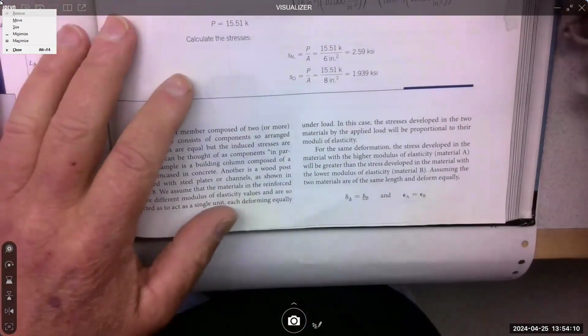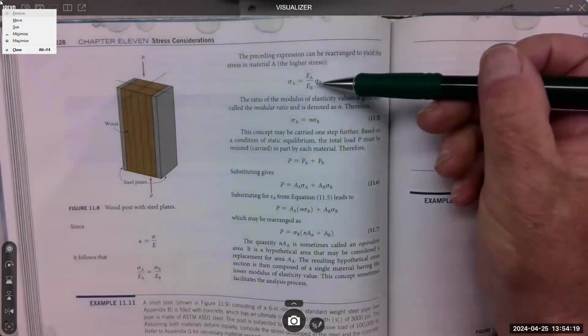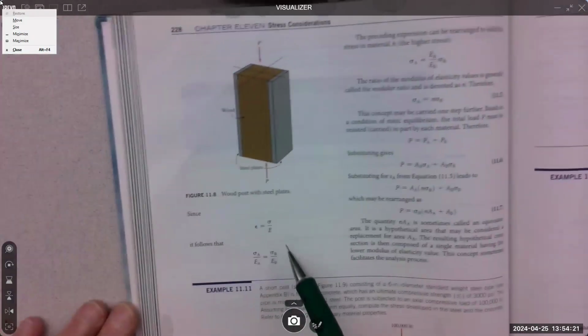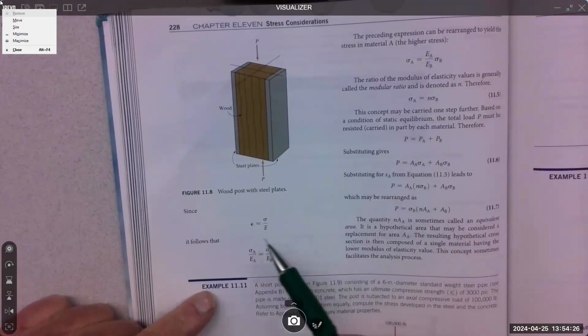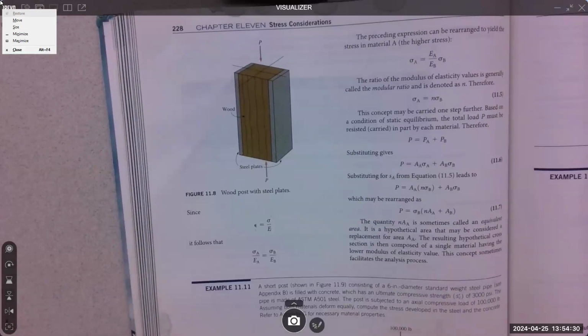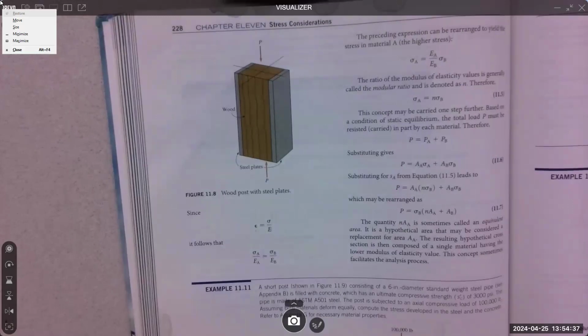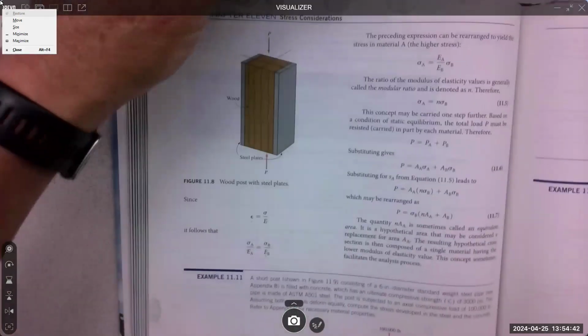So then they just keep boiling down the equation and they say, if that's true, then this is true here. Strain is equal to stress over Young's modulus. Again, this is how they derive the equation. So they say these two are the same, and so these two are the same. So then we know this is true. So now this is true, right? So they just keep working.